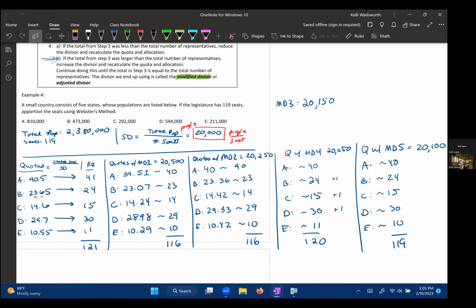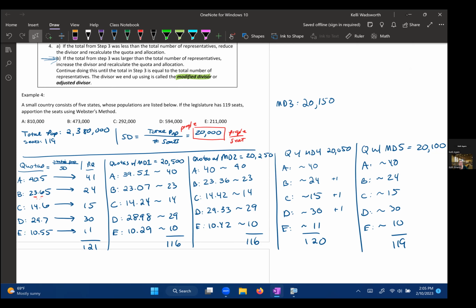So I should have listened to my own thinking, right? The first time, you remember when I said, like, oh, 121 is closer to 119 than 116, so I should make my divisor closer to 20,000 than to 2,500. Didn't listen to that, went right in the middle, and didn't quite work.